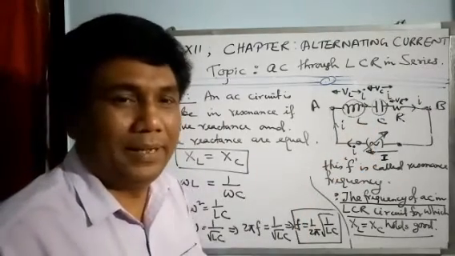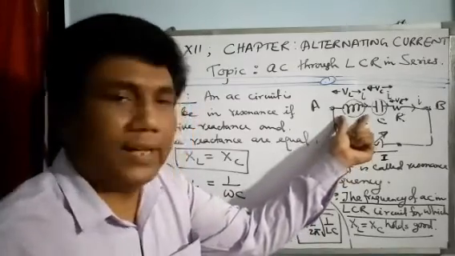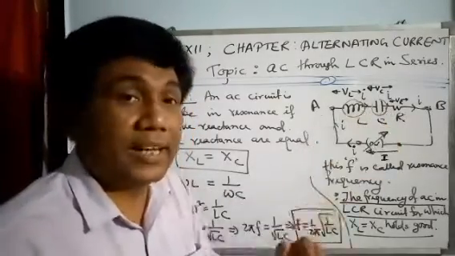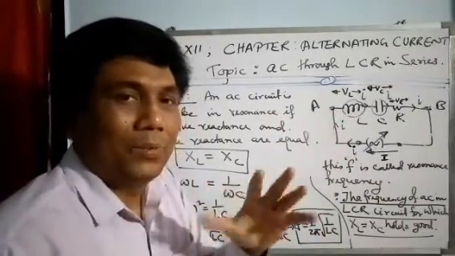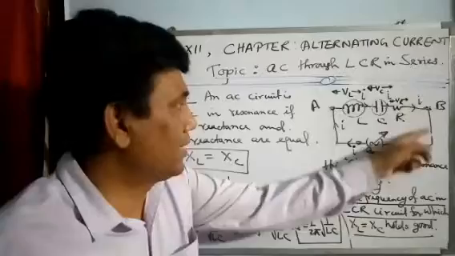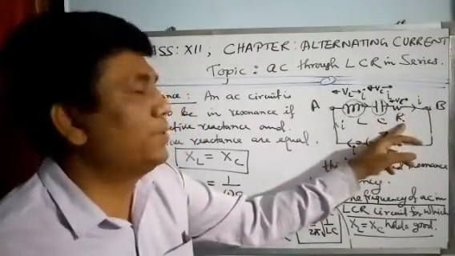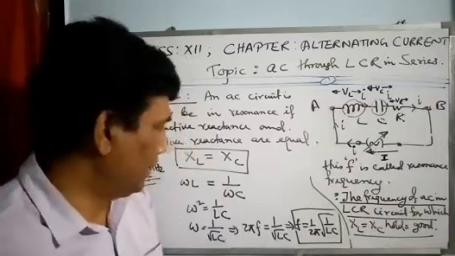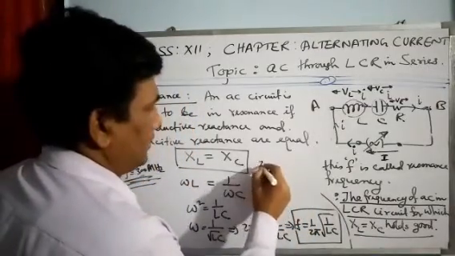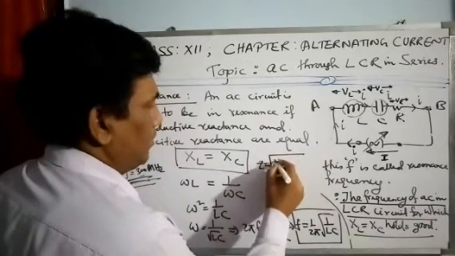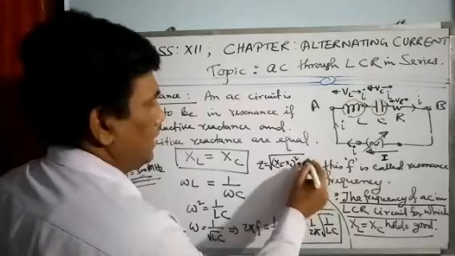They will become equal. It means voltage dropped at inductor will be same as voltage rise at capacitor, and vice versa. So what does it mean? In the circuit, only the net resistance will be simply the resistor, because our formula was Z equals under root of (XL minus XC) whole square plus R square.